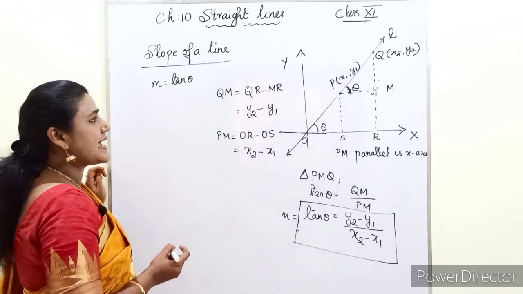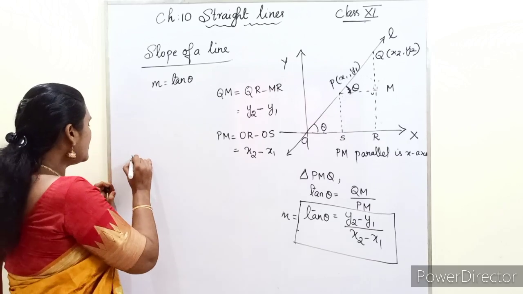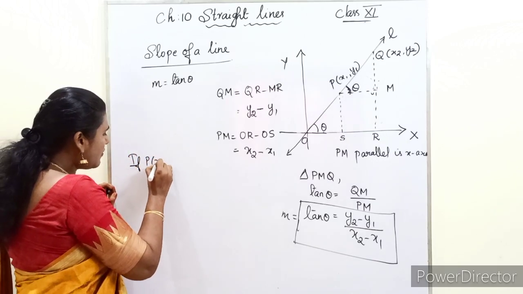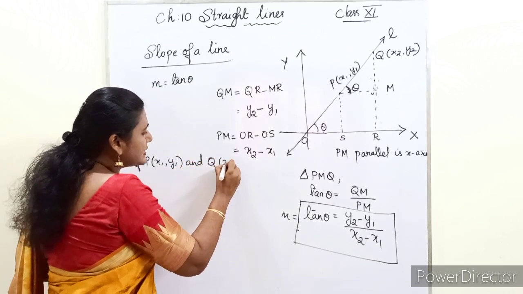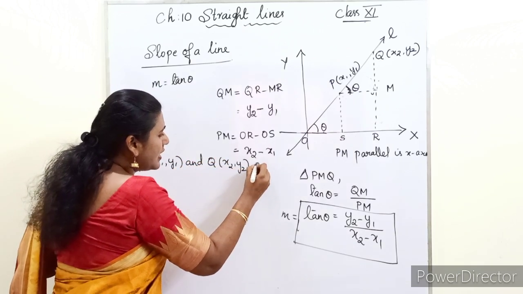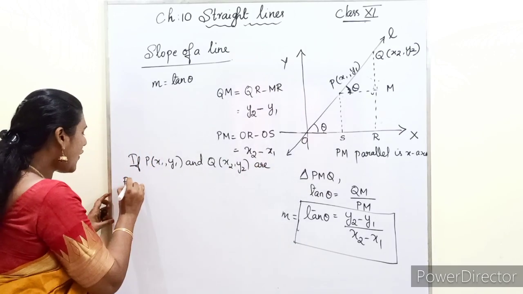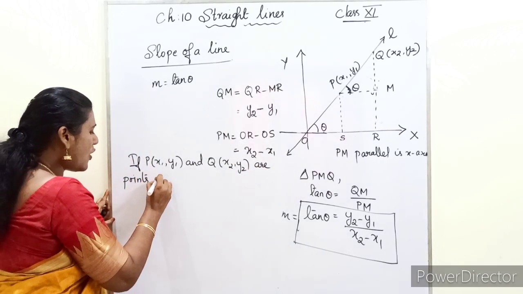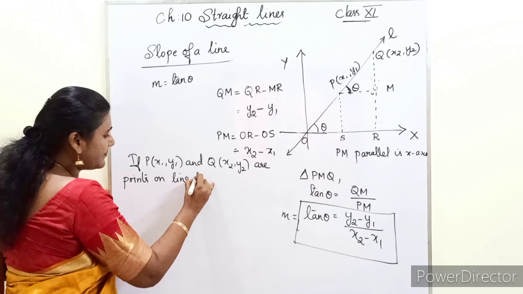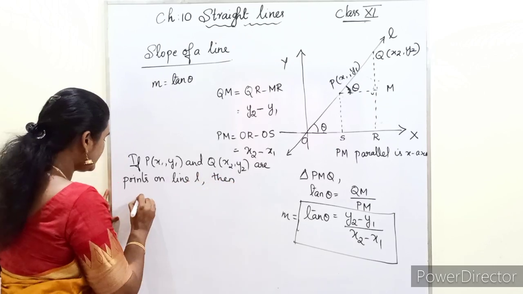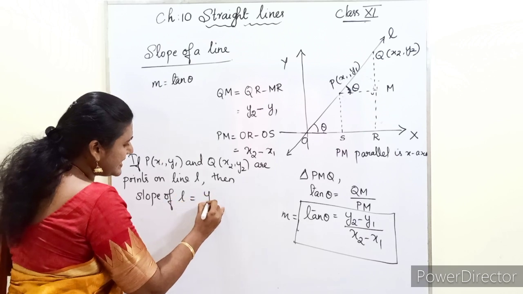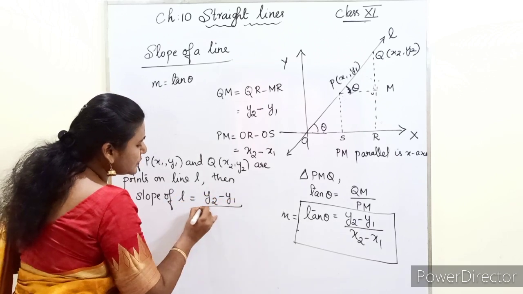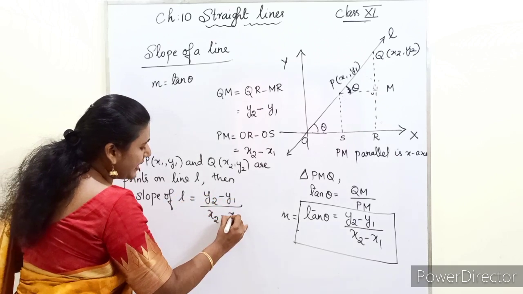If P(x1, y1) and Q(x2, y2) are points on line L, then the slope of L is y2 minus y1 by x2 minus x1.